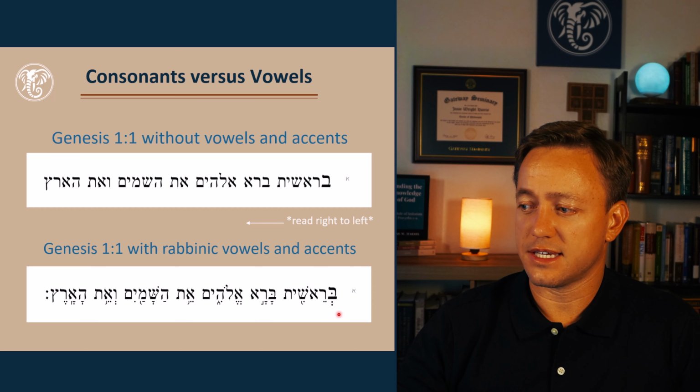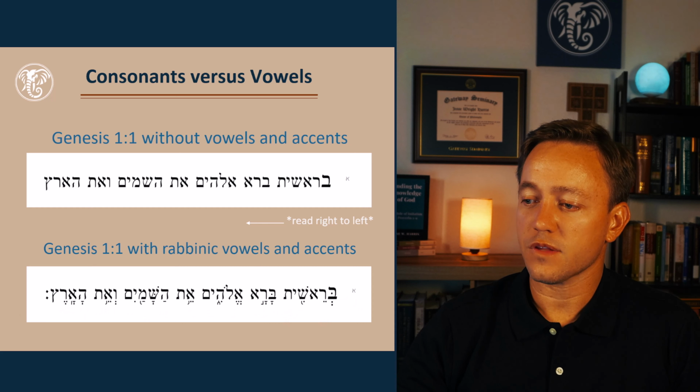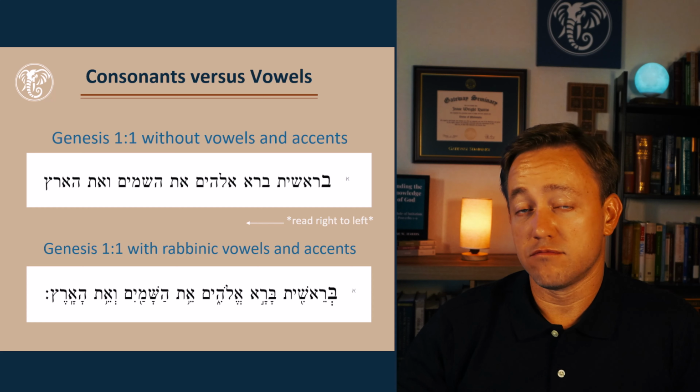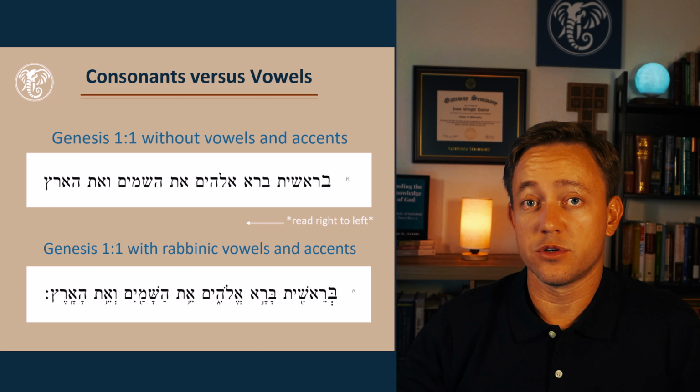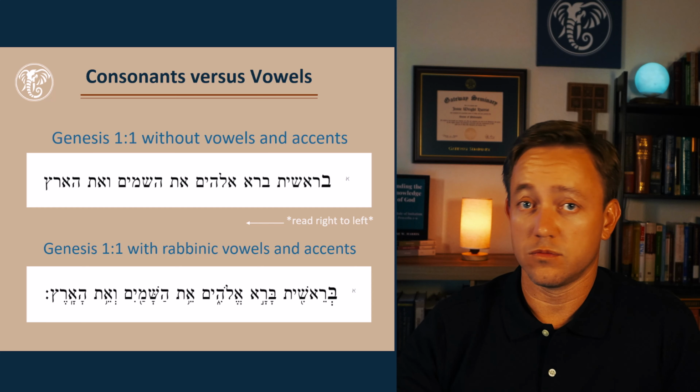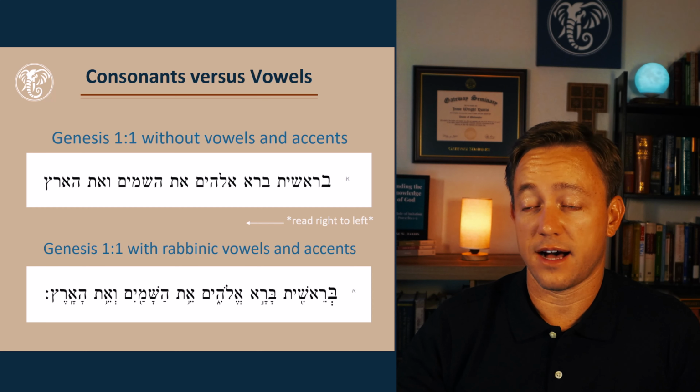So again, we have the same phrase, Bereshit bara Elohim et hashamayim ve'et haaretz, Genesis 1:1. And so these are really the two ways that Hebrew is typically written, either without vowels or with vowels.